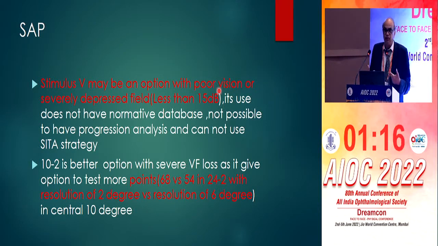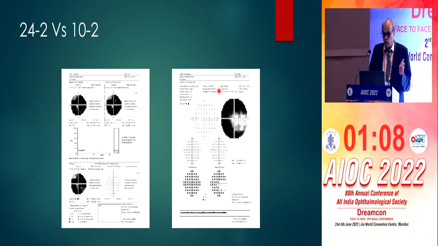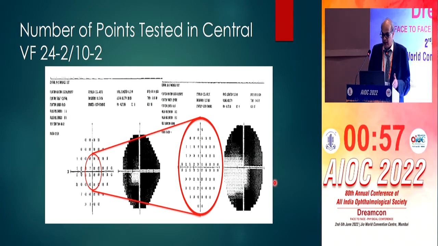The total number of points you test is 68 as compared to 54 points in 24-2. And see the difference. It's a very small field, and when you do the 10-2, you get much better information to interpret.